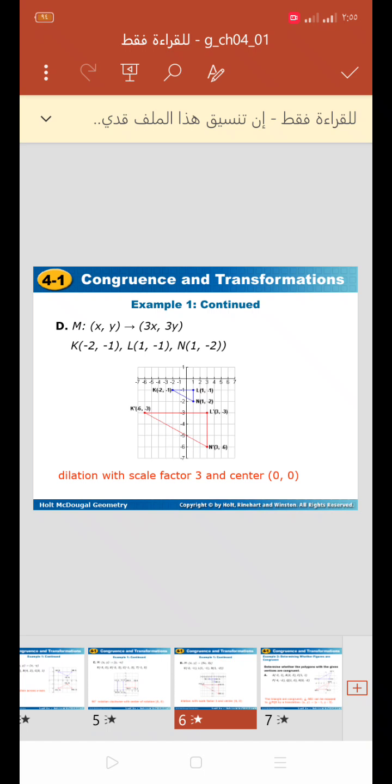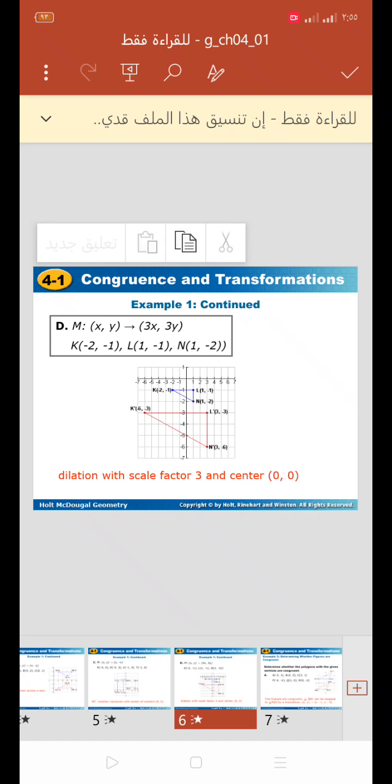Okay, next example. Look here, the rule is (x, y) becomes (3x, 3y). This multiplies, and we said this is dilation. Multiply every point by 3.